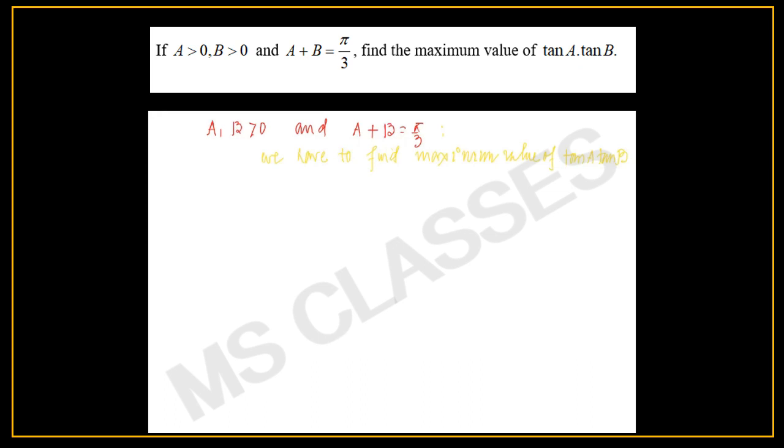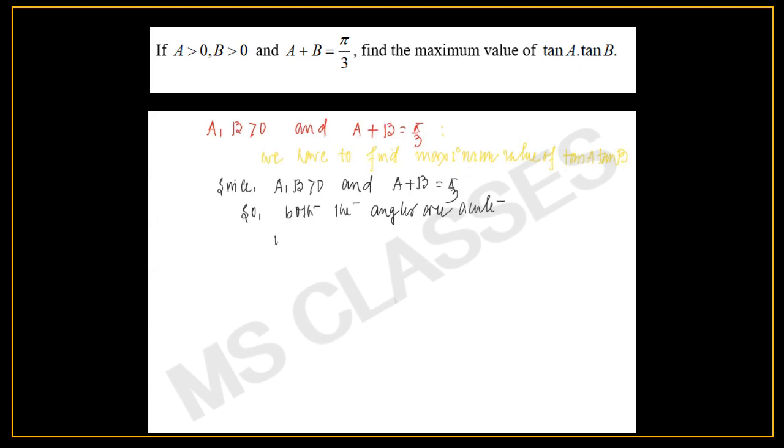Since A, B greater than 0 and A plus B equal to pi by 3, both the angles are acute. Now, when both the angles are acute, the quantity for which we need to find the maximum value should be positive.